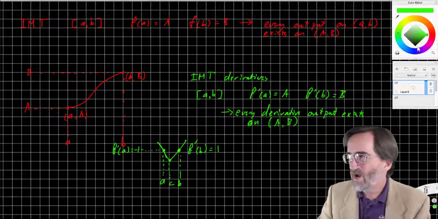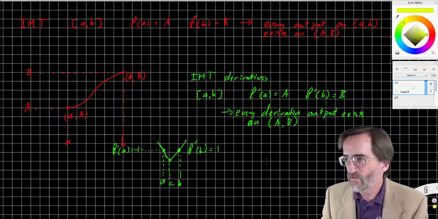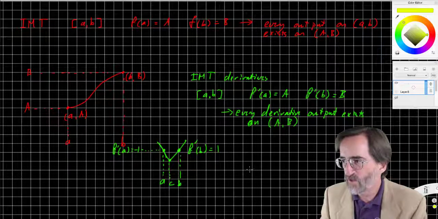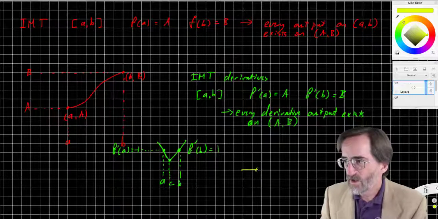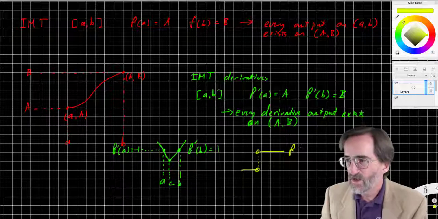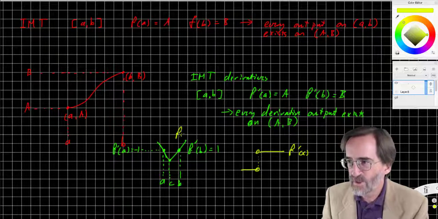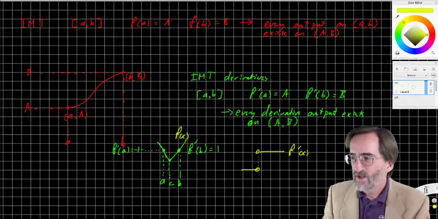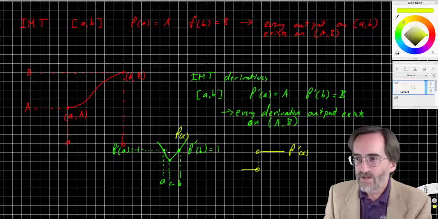Here would be the graph of the derivative on the same interval from a to b. So it's -1 here, and then it doesn't exist, and then it's +1 here. There would necessarily be a gap or a jump. This is f prime of x, if this is f of x.